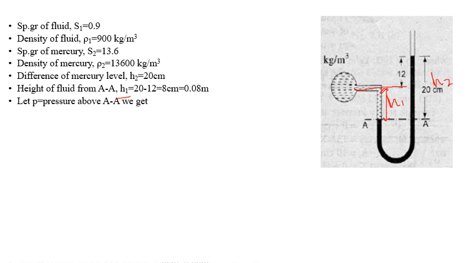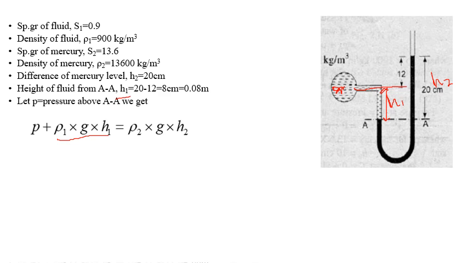Let the pressure be P. Above AA, the pressure in the right limb is equal to the pressure above AA in the left limb. According to that, the pressure above AA in the left limb, for the height H1, is given by ρ1 g H1 plus the pressure available at this point.